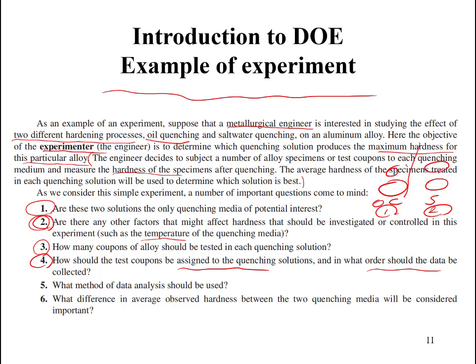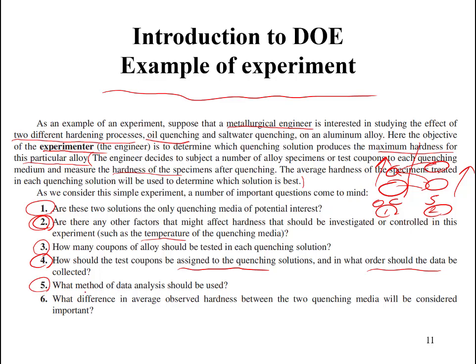Which type of procedure is okay? Going like this, one then two, or like this? Which one is better? Or a random one? You will see how the best way to do the experiments is.